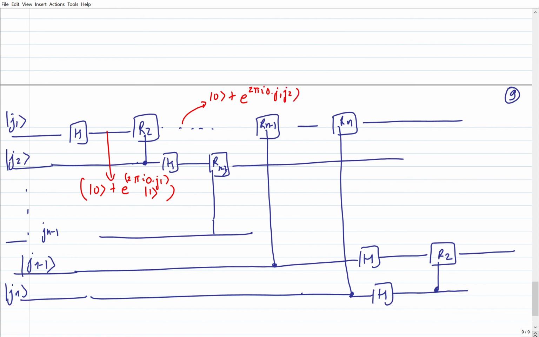And as I keep on applying the gates, finally my state over here is going to be 0 plus e to the power of 2 pi i 0.j1 j2 ... jn, 1.